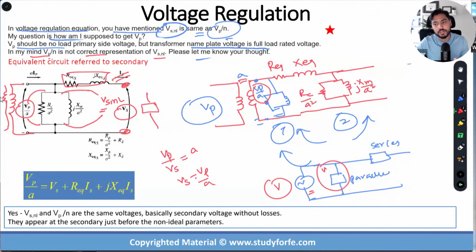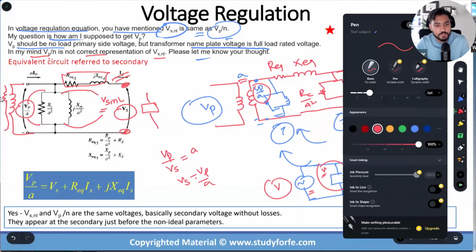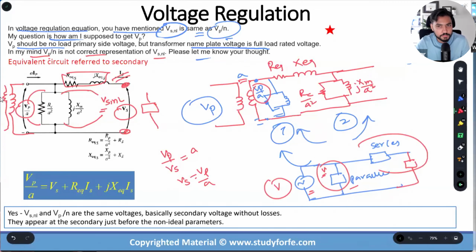That makes our job easier because whatever the load is at the terminal, this V is being applied to the parallel component as well as the series and the load. That is basically the idea here. I hope that you found this helpful, and please take this approach in solving every question.